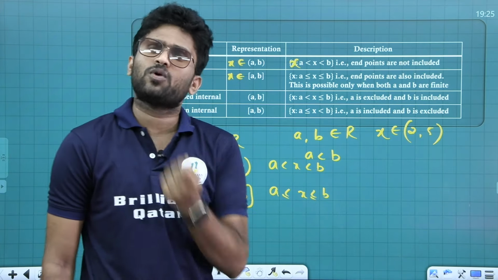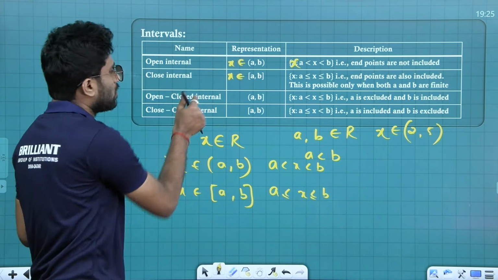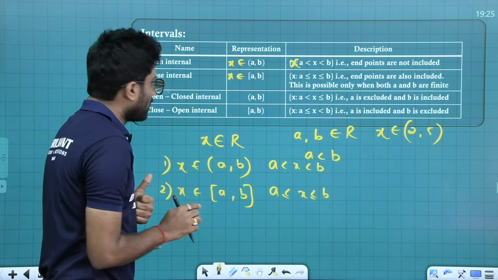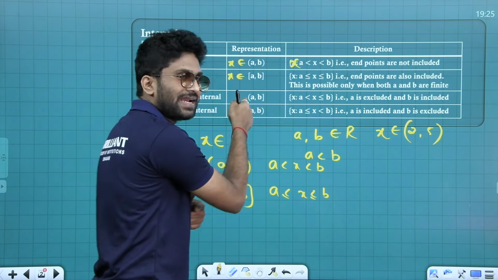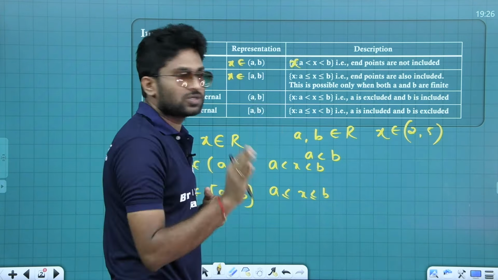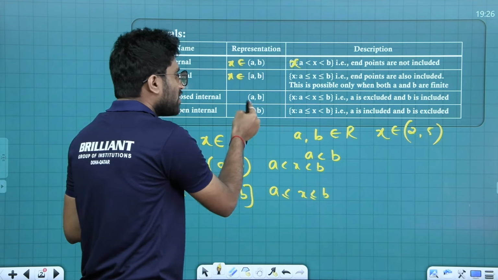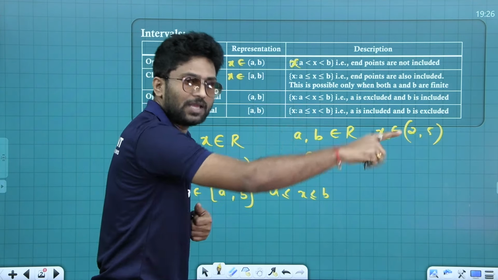Now, third and fourth both are similar. If I say open closed or closed open, if I say open closed, first bracket will be open, second will be closed. If I say closed open, first bracket will be closed, second will be open.